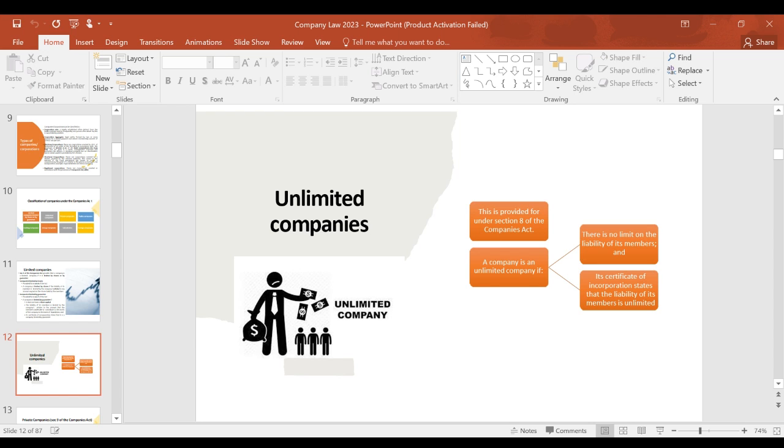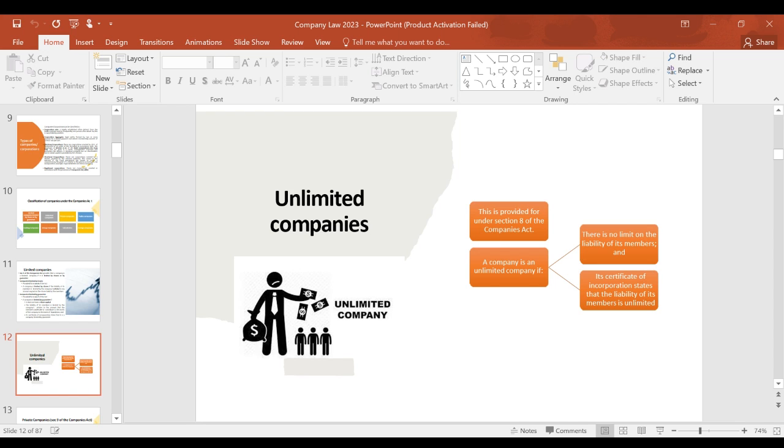What about an unlimited company? This type of company is provided under Section 8 of the Companies Act, and it has the effect of absorbing the company's debt beyond the subscription of members toward the capital of that business. That means that members are not protected from liabilities of a company only to what they contributed.